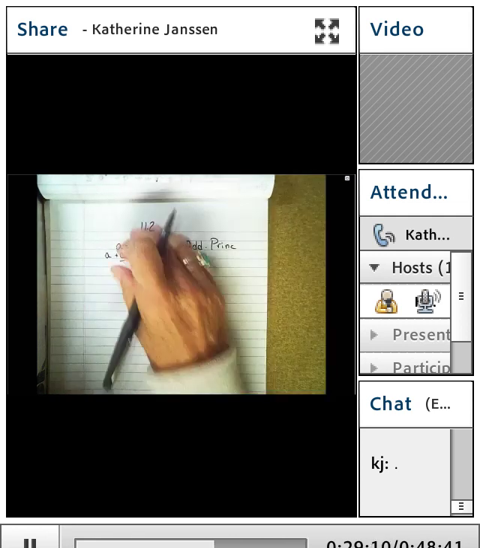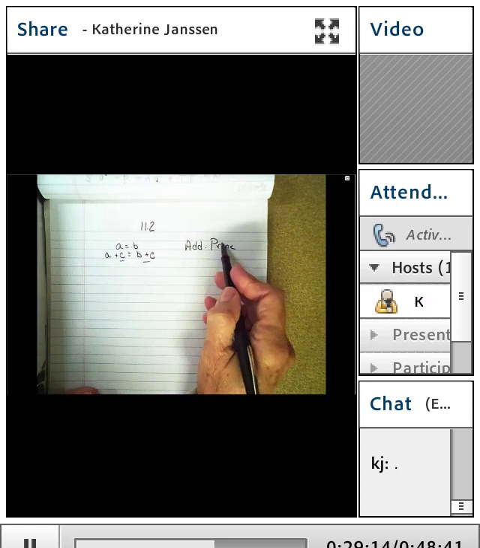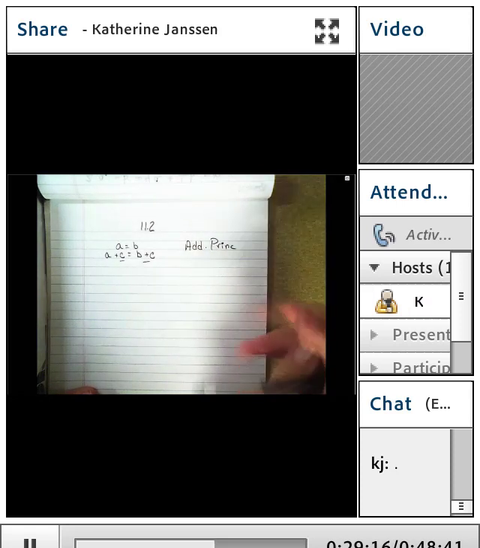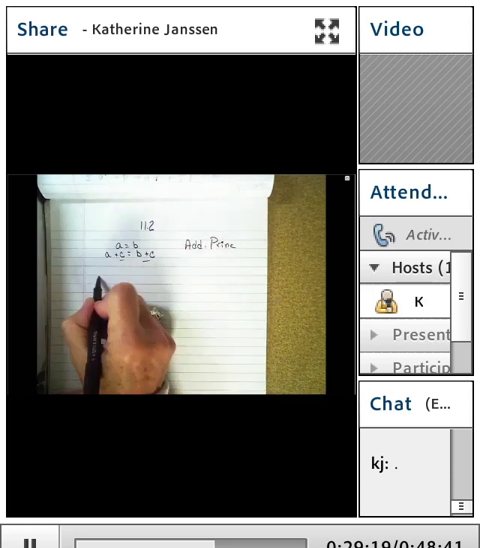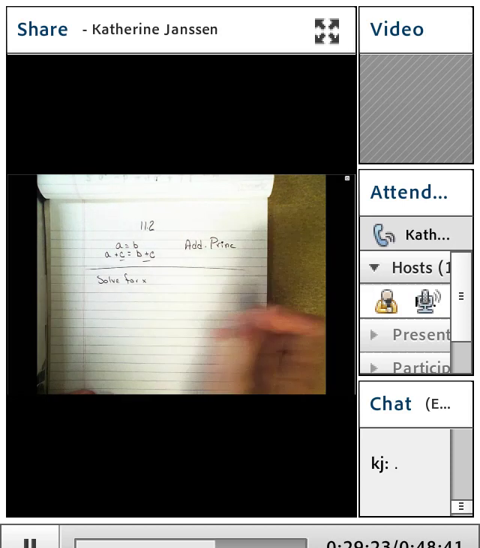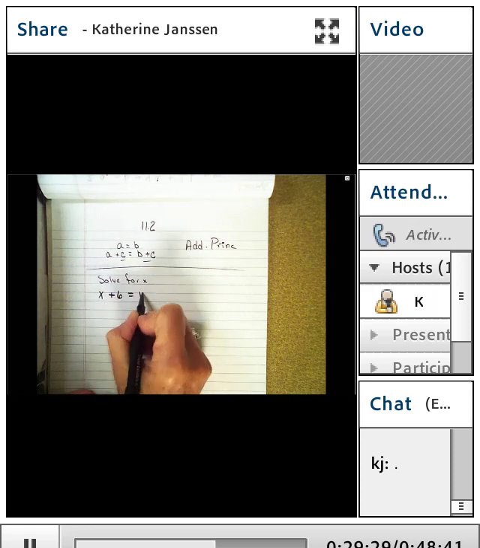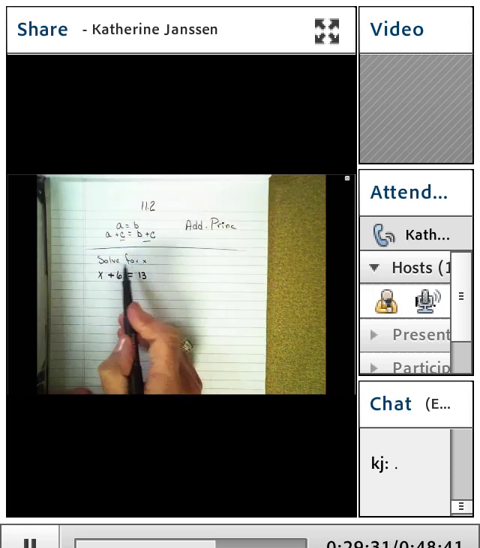And we use this addition principle to solve equations. So we're asked to solve for x. We're given x plus 6 equals 13. We're supposed to solve for x.